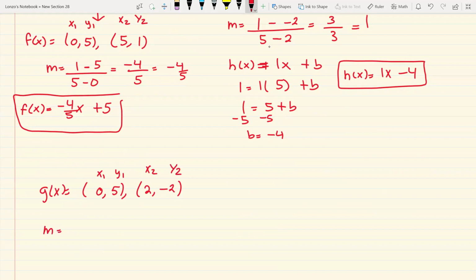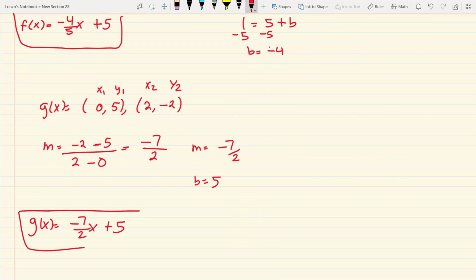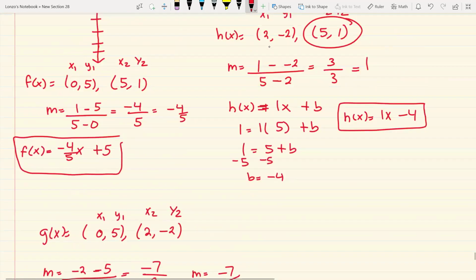So my slope is -2 minus 5 over 2 minus 0. -2 minus 5 is -7. 2 minus 0 is 2. So my slope is -7/2. They also give you your b, which is 5. So g of x is -7/2 x plus 5. Okay, so here's our 3 linear lines.